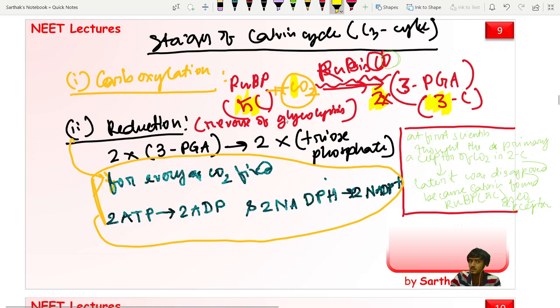Look at this, very interesting. ATP is a product of the light reaction, and NADPH is also a product of the light reaction. Both are used here. This is the first step where the products of light reaction are used. The ATP is converted to ADP, and the NADPH is converted to NADP plus.